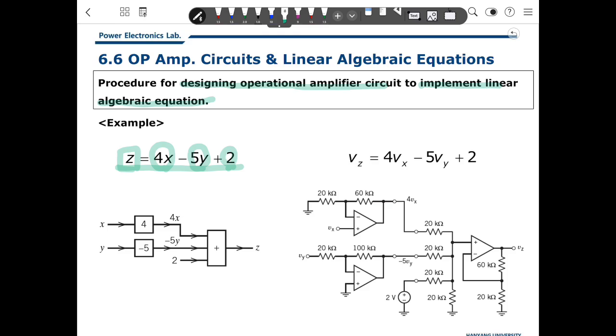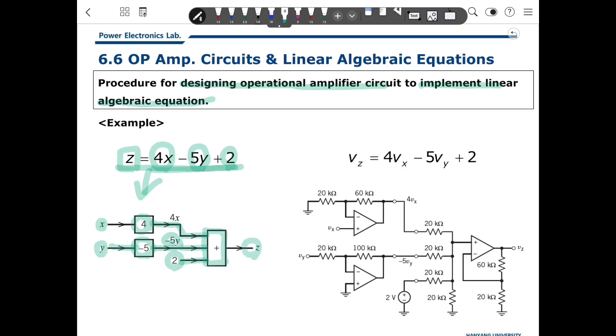So if we make a block diagram of this linear algebraic equation, you can use that. This is x multiplied by 4, and that value is 4x, and y multiplied by minus 5, then that value is minus 5y, and there's a constant 2. So we're adding 3 terms here. That value is g.